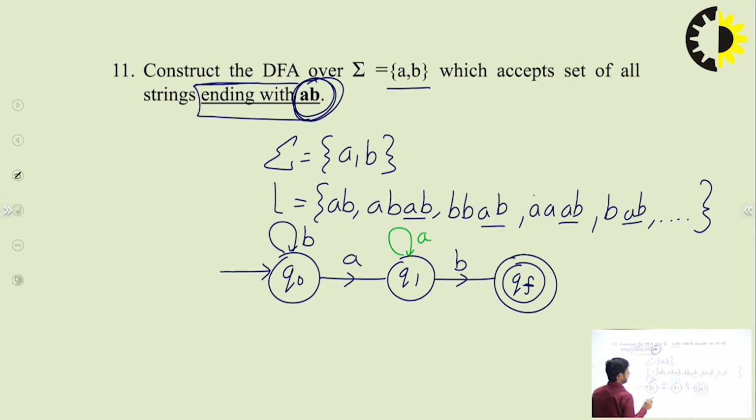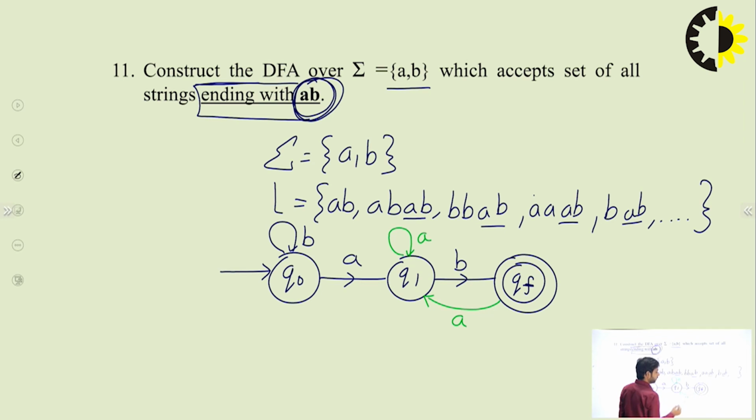Now QF on input A goes to Q1. So if A comes after QF, then A goes to B, so it will end with AB. This condition will be satisfied.